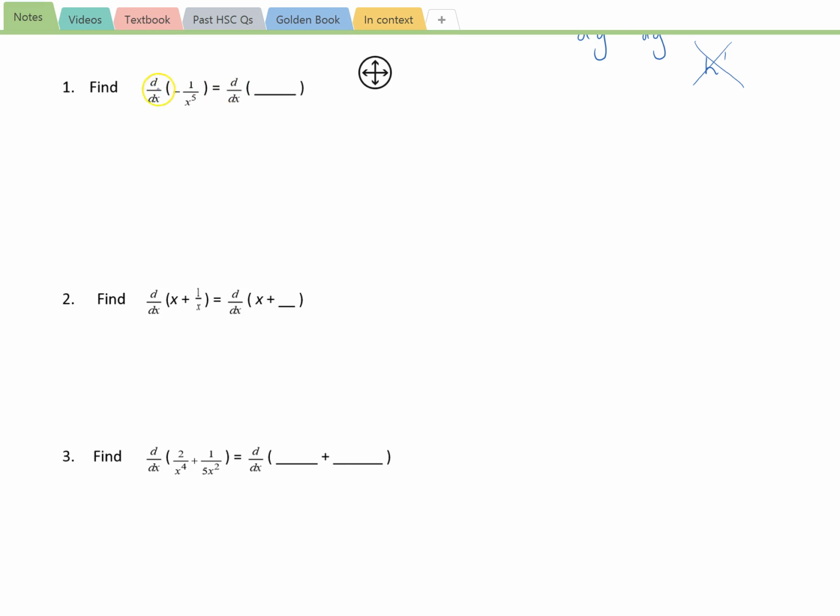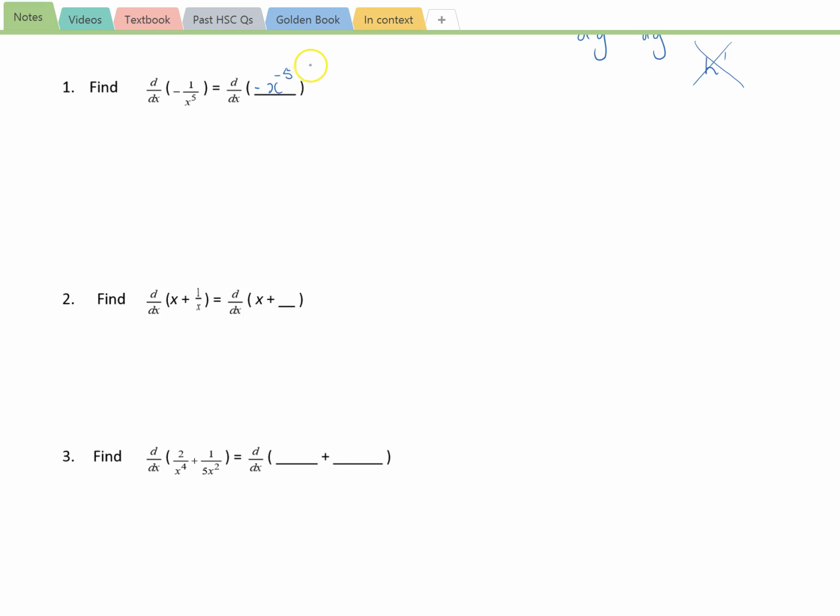I'm going to say, well, the derivative of that is exactly the same as finding d dx of, and in this space here, I will write it in a format such that I can differentiate it. So it's a negative power because I'm bringing x out of the denominator and putting it in the numerator.